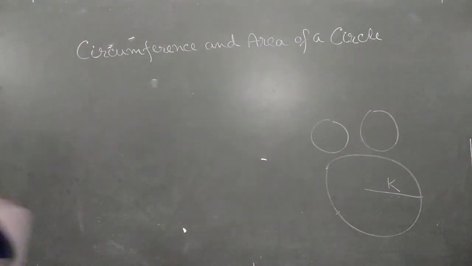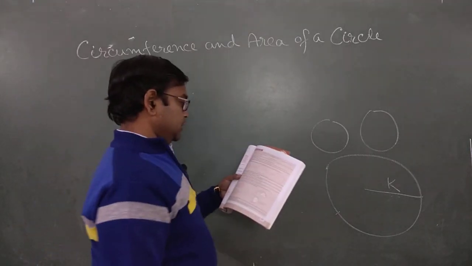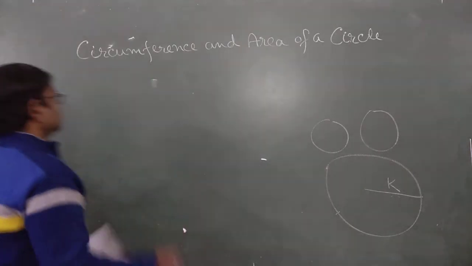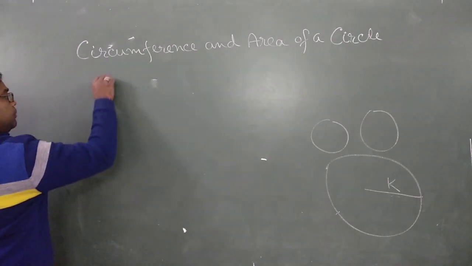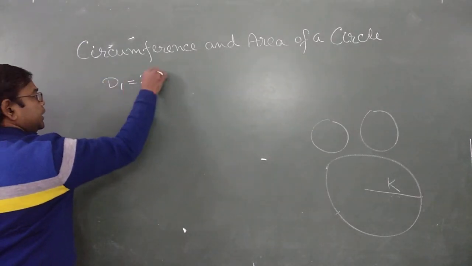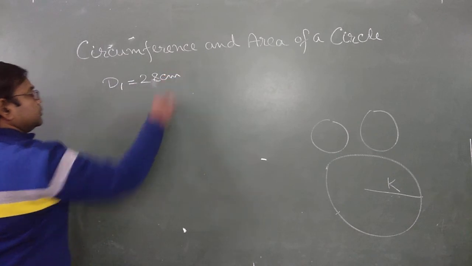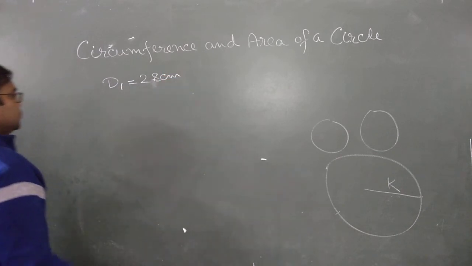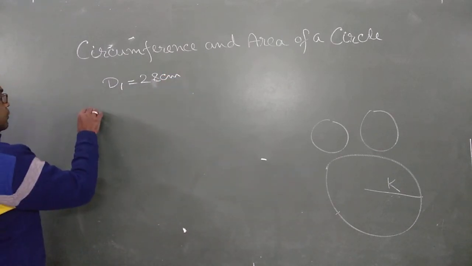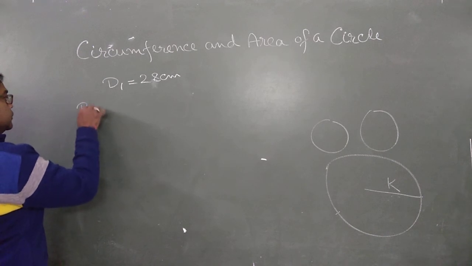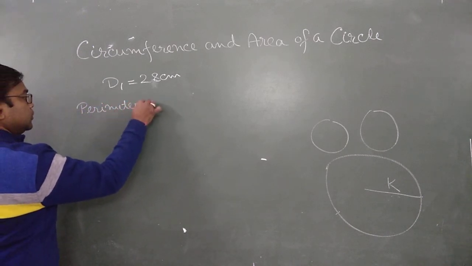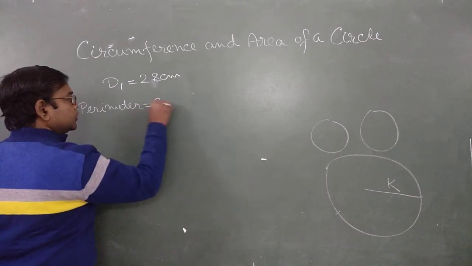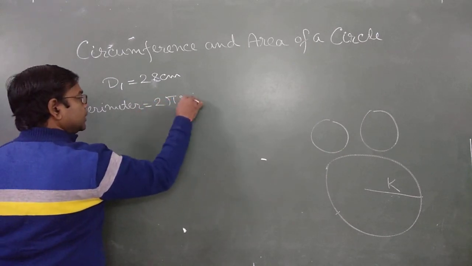In this, first the radius is given to us. Suppose diameter d1 is given, it's 28 centimeter. Clear? So what is the perimeter of the first circle? Equals 2 pi r.